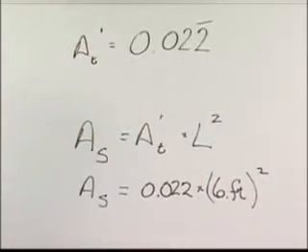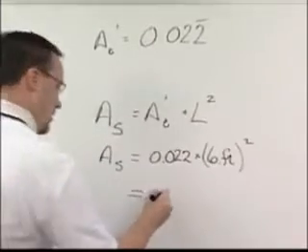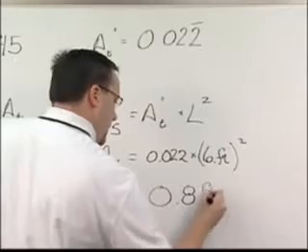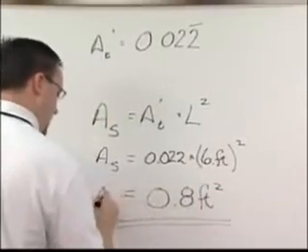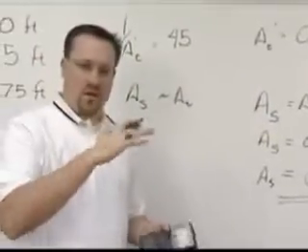Okay? When you work that out, you'll find out that the answer is 0.8 feet squared. So this would be a rudder that's roughly 8 inches long by about a foot deep.